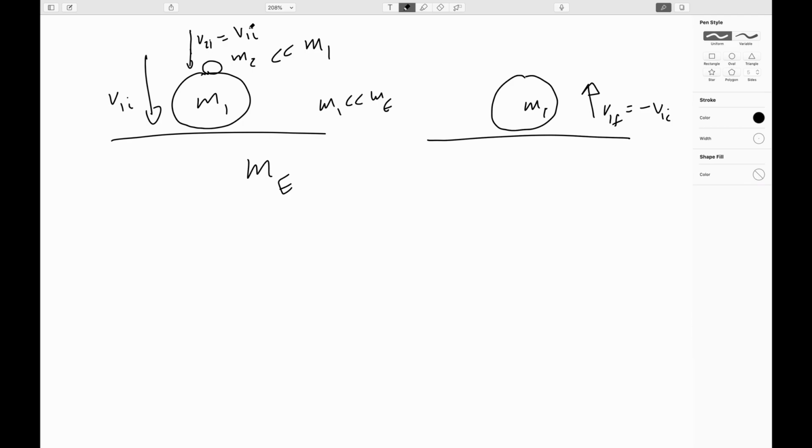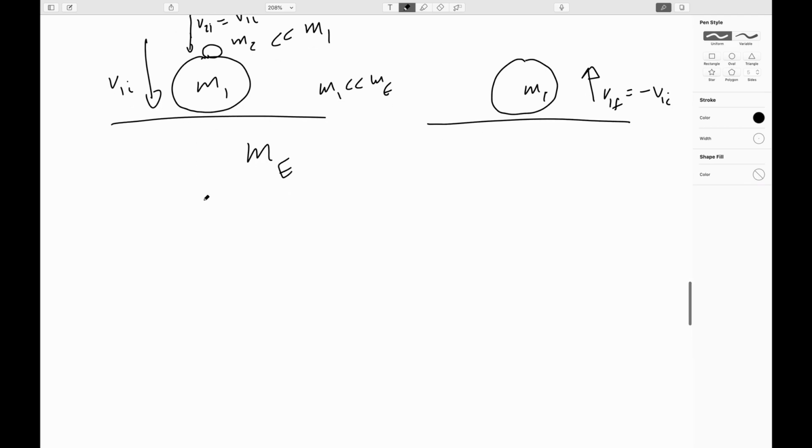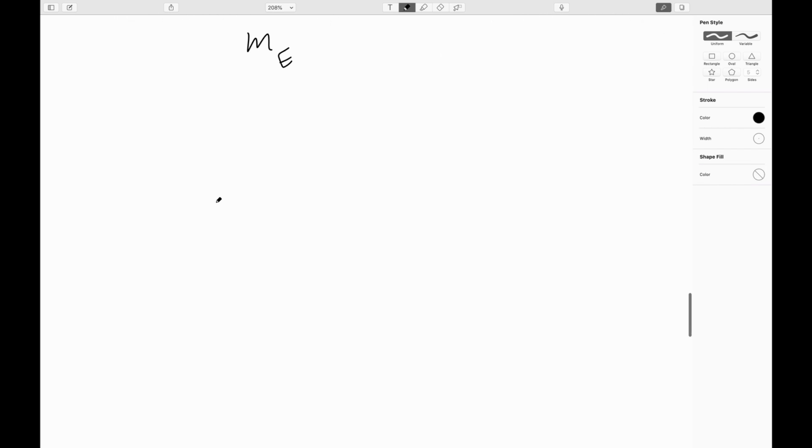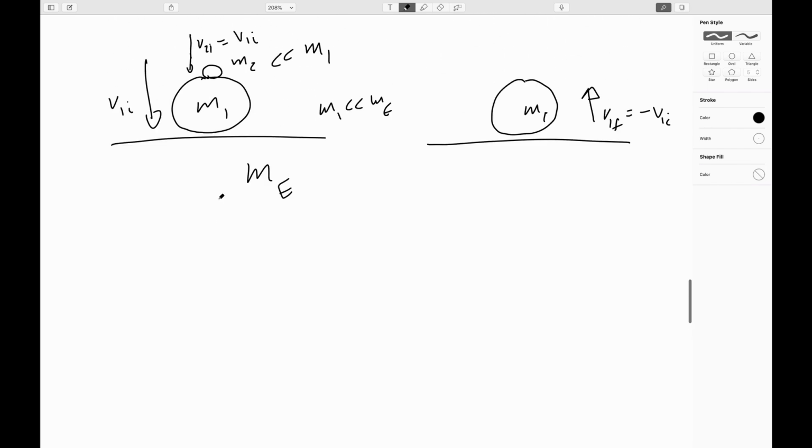So now what we've got is for this split second, and here we need to break this into two different perspectives. Physicists usually call these frames. From the frame of the Earth, in other words, us standing on the surface of the Earth looking at what's happening, at this exact moment, we'll say that the basketball is going up at minus V1 initial, whatever.